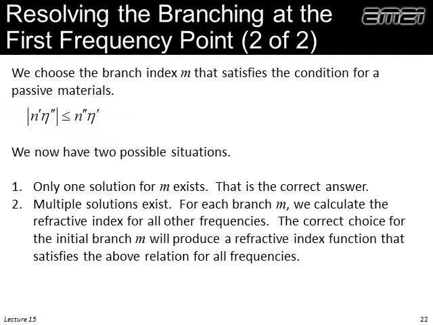So there's a lot of work here, and the reason there is this amount of work is because waves repeat every 2 pi, and there are just multiple correct answers, and we have to sort that out to get a correct answer.